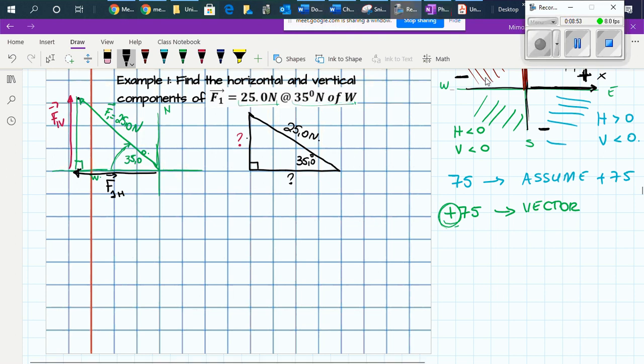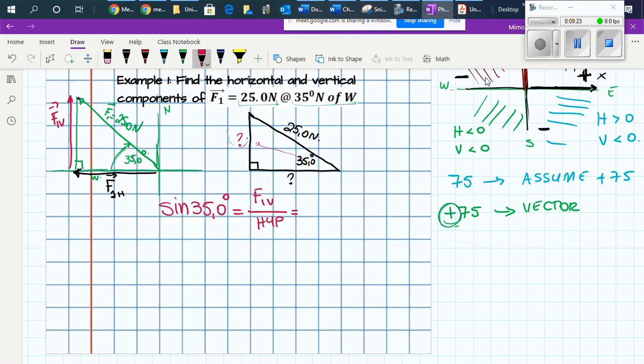So now, if we are finding the vertical component, then you will use the opposite. So this is the opposite actually. So we will use sine. So we will write it like this. Sine 35 is equal to the opposite, which actually is the magnitude of the vertical component over the hypotenuse.